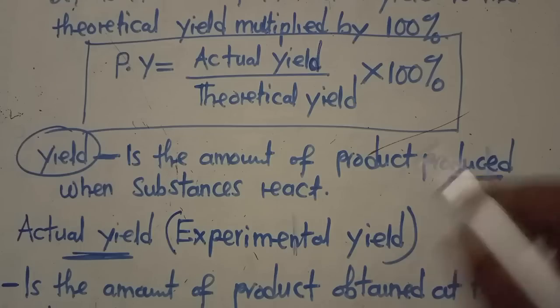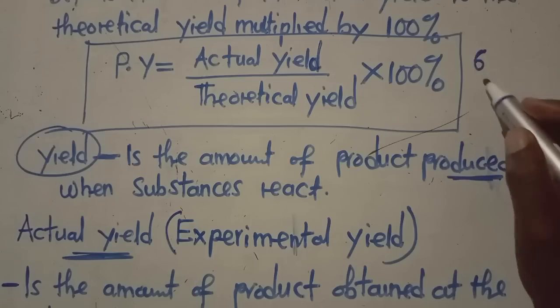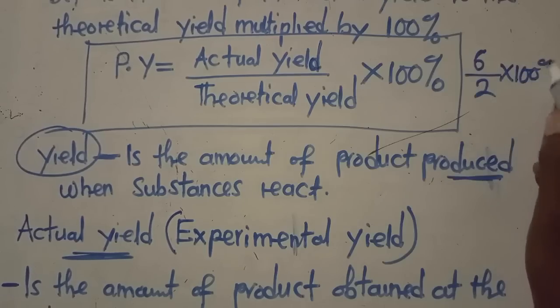You can't tell me that, okay, the actual is 6, then the theoretical is 2. How can you find the percentage? Then you say multiply by 100. How can you find a percentage like this? So you need to understand that the actual should always be less than the theoretical. If there are no mistakes, it should just be like that.